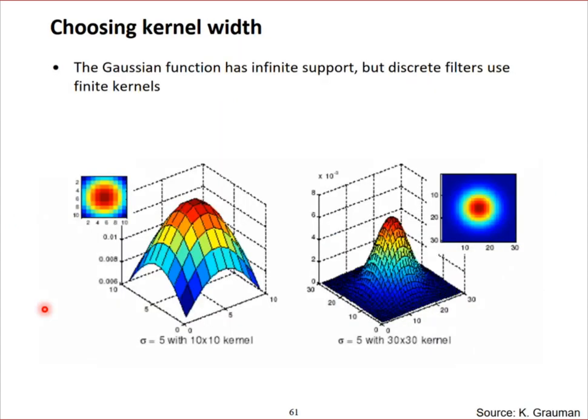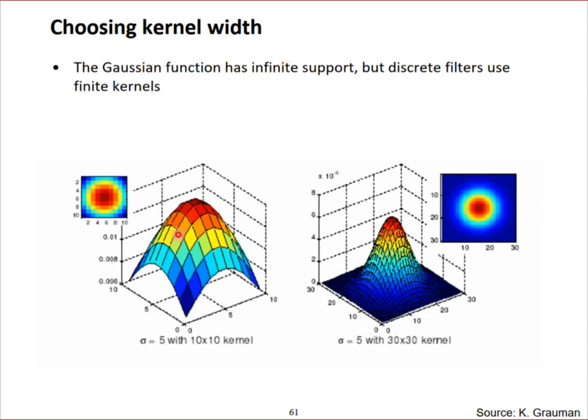And, you know, the Gaussian distribution has values at a very long distance. It means it has infinite support. But in practice, we need to decide the filter window size.